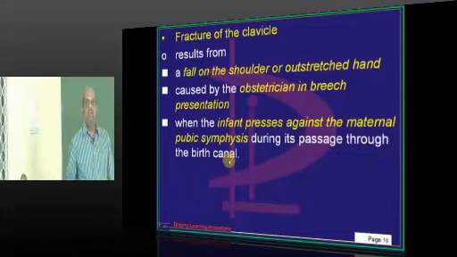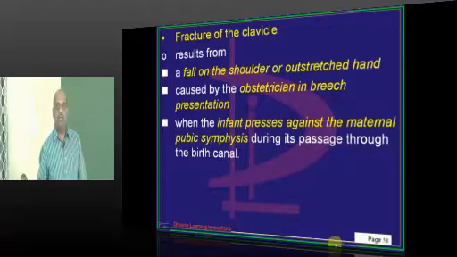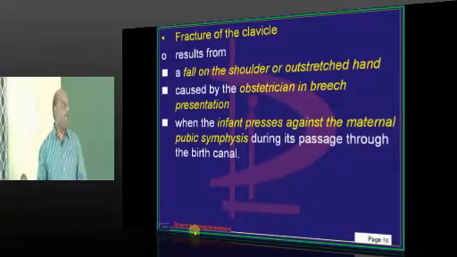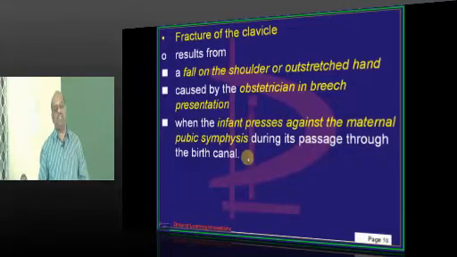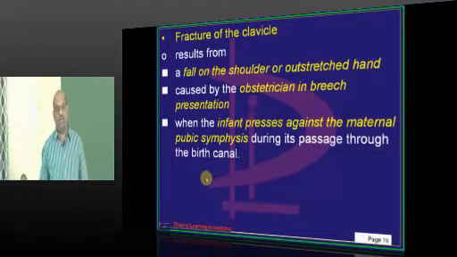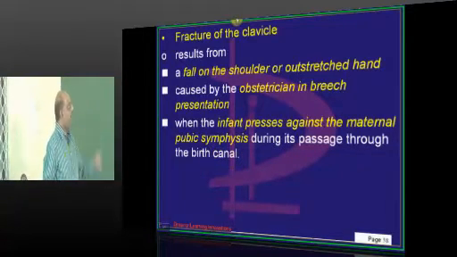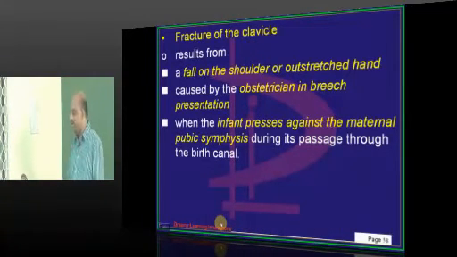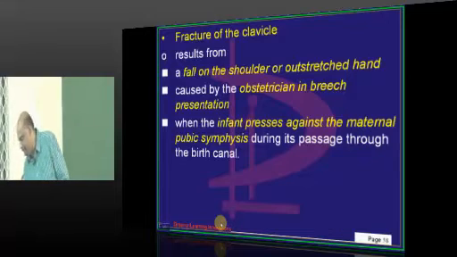Then whenever the infant presses against the maternal pubic symphysis during its passage in the birth canal, that is another important risk factor for the fracture of the clavicle, is what needs to be remembered.